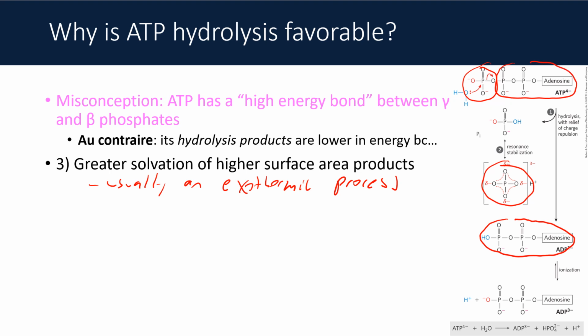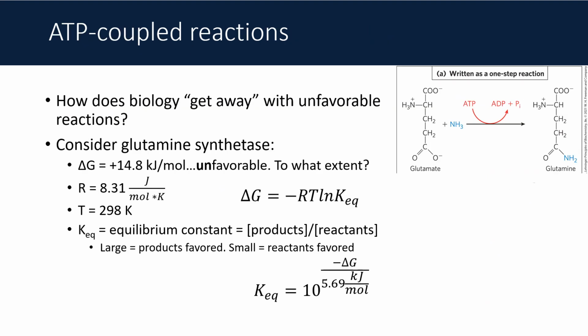All of this space was inaccessible to water until we hydrolyze it. And by hydrating the areas I've highlighted in yellow, that will further lower the energy of the product state.